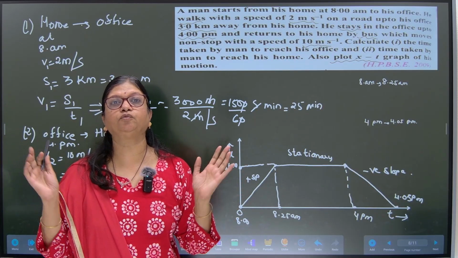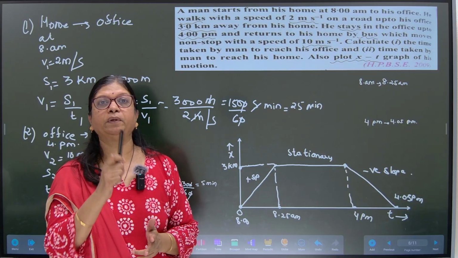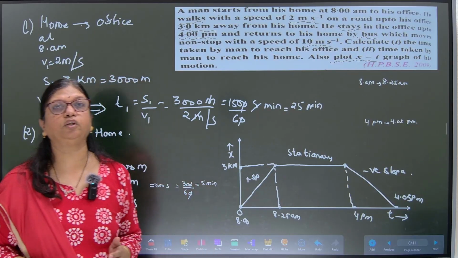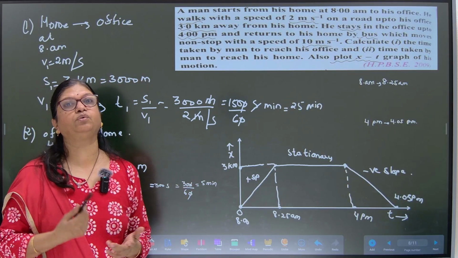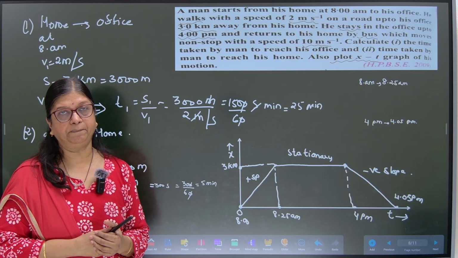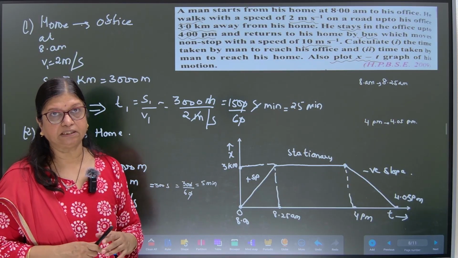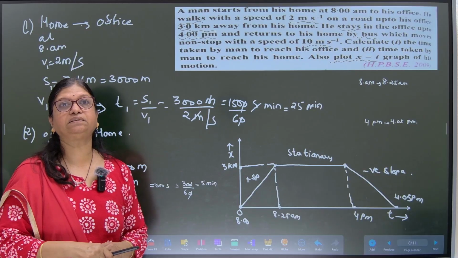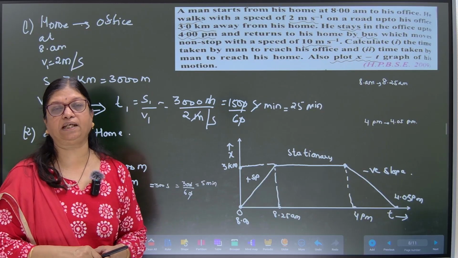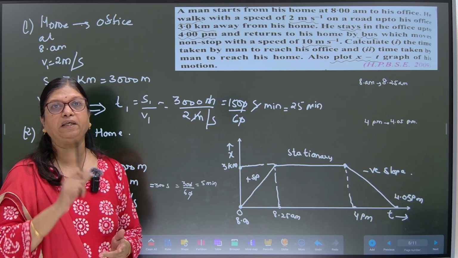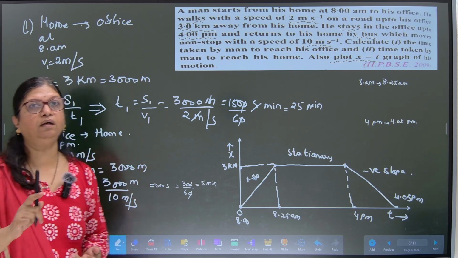That is the only way of solving any numerical. The moment you are saying that I cannot solve a numerical, it means you are not good at theory itself. Simple. So understand what I have done for the graph just now and practice this. Write it by yourself. Then you will be in a better position.